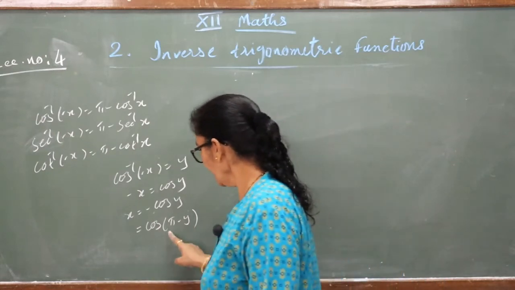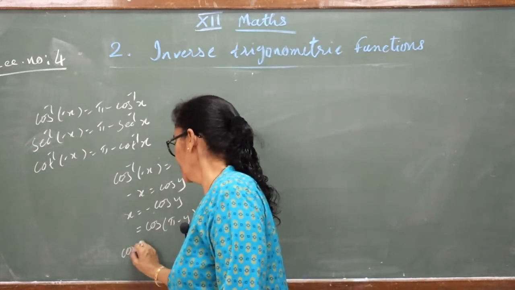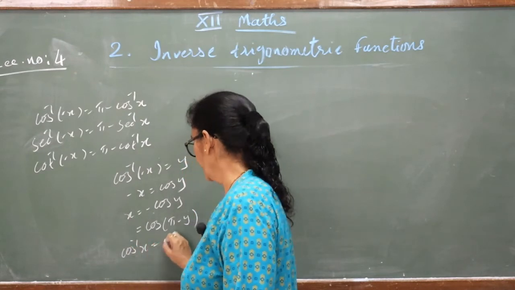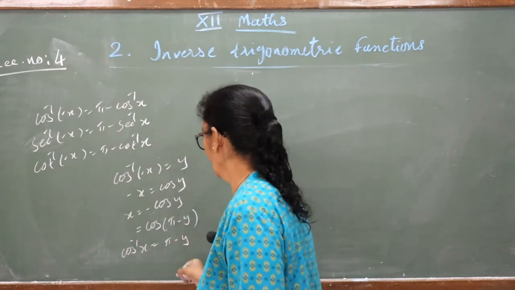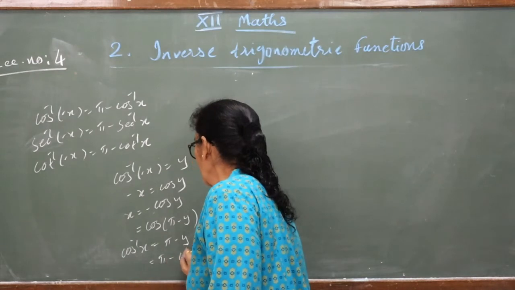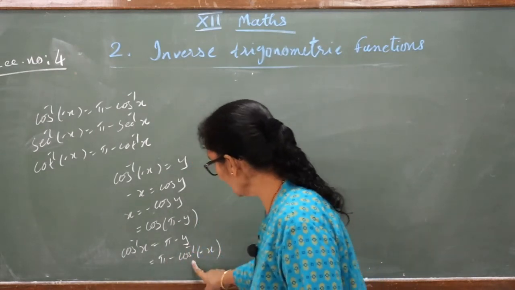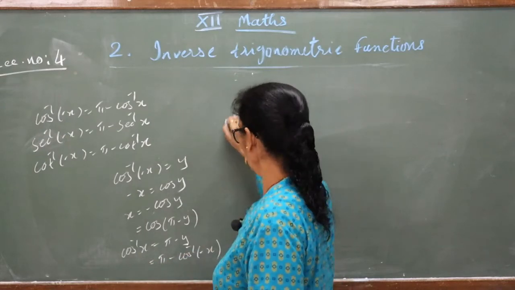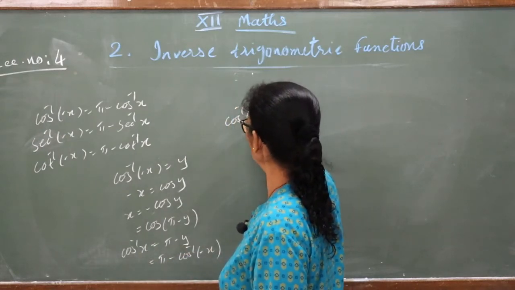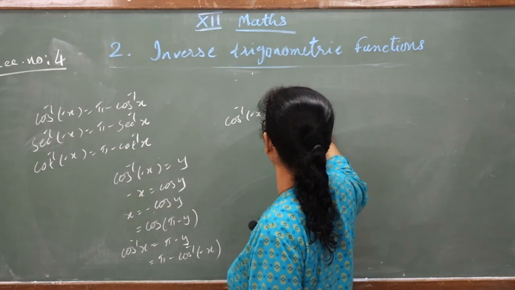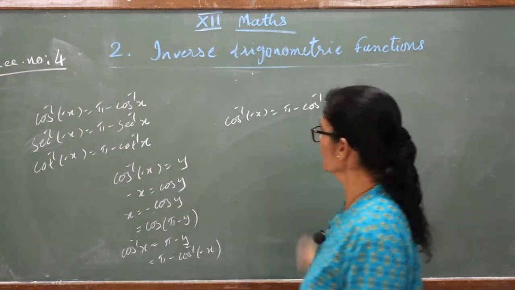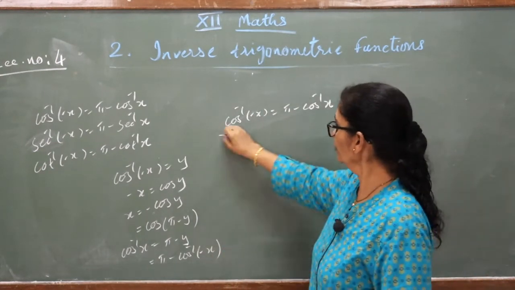So cos inverse x equal to pi minus y, and what is y? Pi minus cos inverse minus x. If I shift these two terms, what I get is cos inverse minus x equal to pi minus cos inverse x. This is the easiest way to prove it.